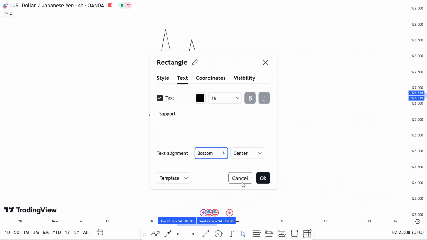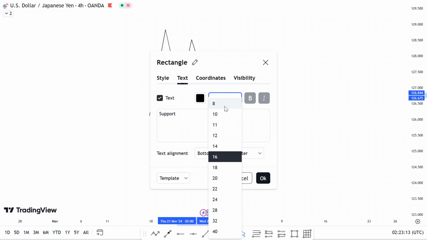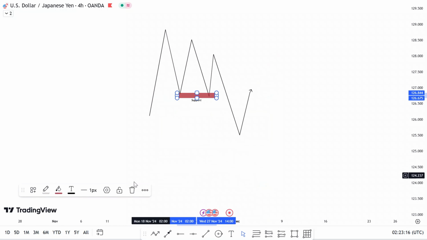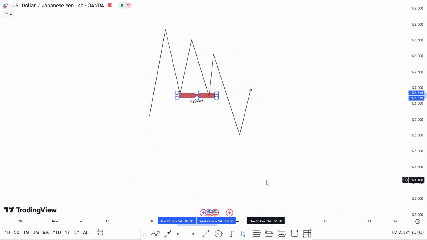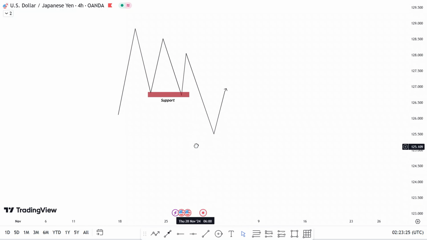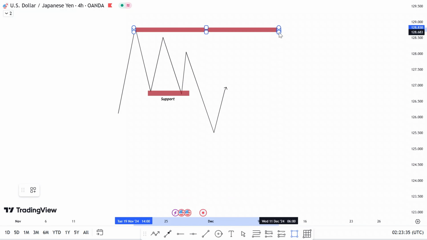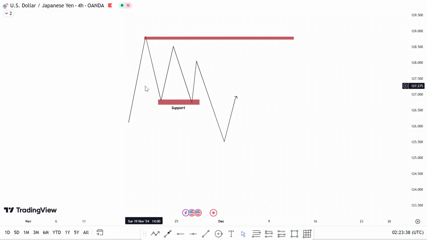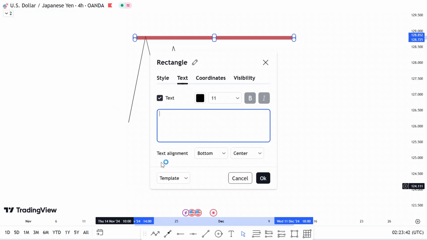We represent support as, okay, let's just write the full name, support. That's so small. Let's use this one. Support, and then if support is below, then resistance is supposed to be above, right?